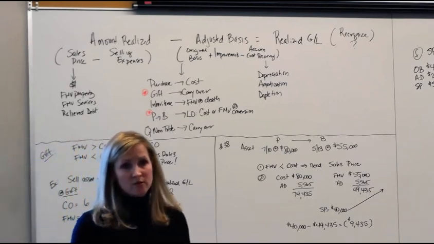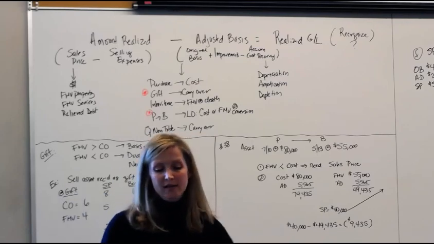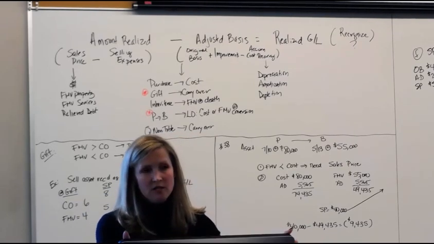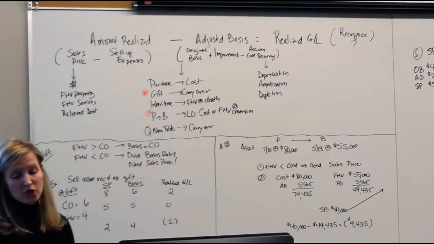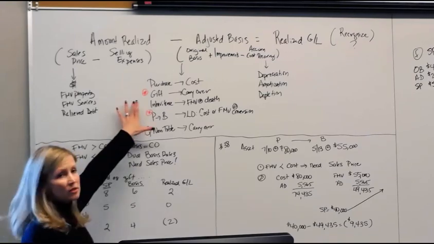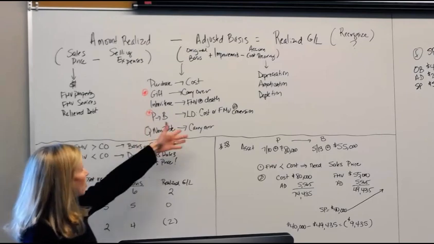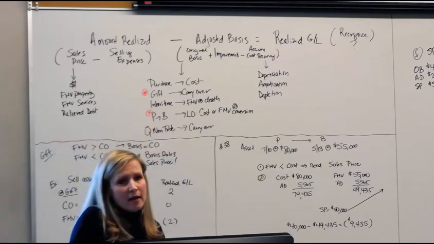This is the dual basis rules, guys. Again, it only applies to gifts and to personal to business conversions when they're receiving a depreciated piece of property. If they're receiving an appreciated piece of property, then stick with the regular rules. Use the carryover basis, or you would use the lesser of the cost or fair market value, generally the cost at that time.